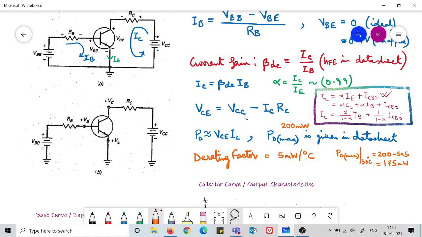We utilized that, and along with it certain special features of the transistor were utilized. What are these special features? These are like the current gain, which is a very unique parameter of the BJT, and this is decided by the manufacturer. So this beta DC is known to us and we utilize this fact also. This is a fact about the particular device.